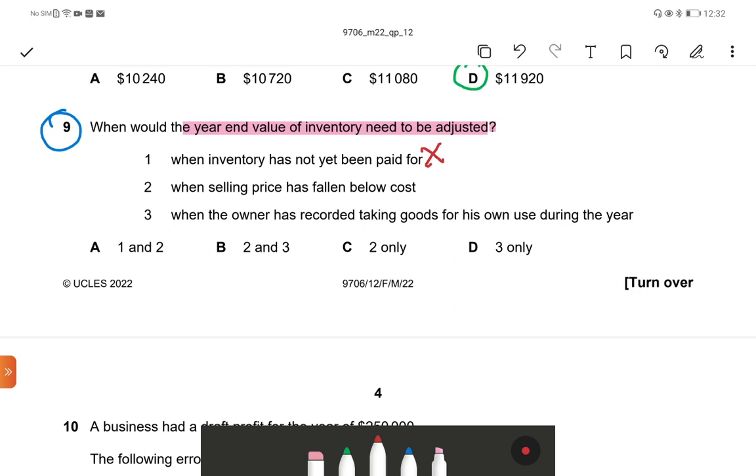So if the selling price is less than the cost, inventory will be valued at the selling price. So 2 is adjusted. Next, when the owner has recorded taking goods for his own use during the year, that we always deduct. It will not be adjusted in the inventory valuation. So only 2 is correct. So the correct answer is C.